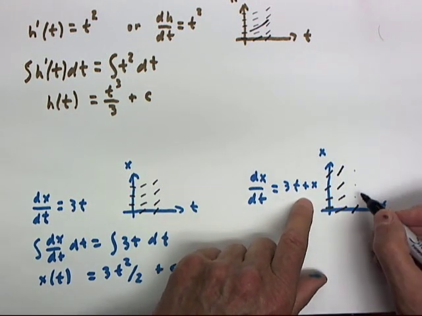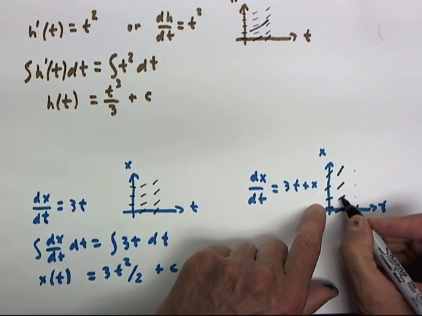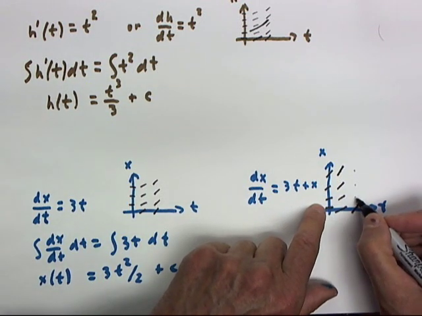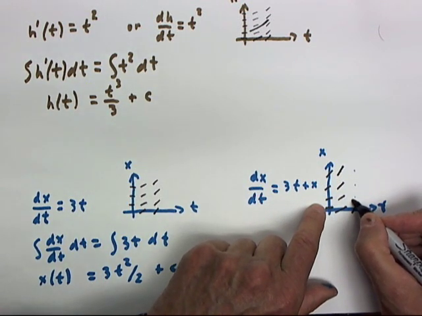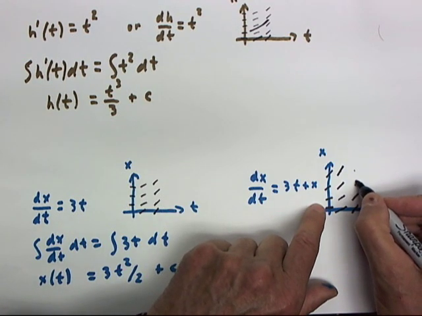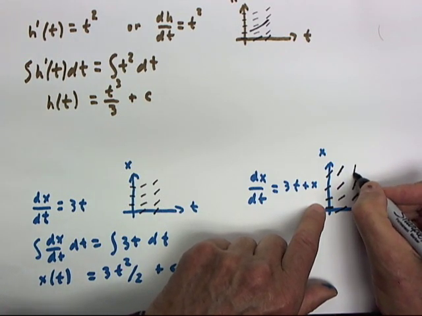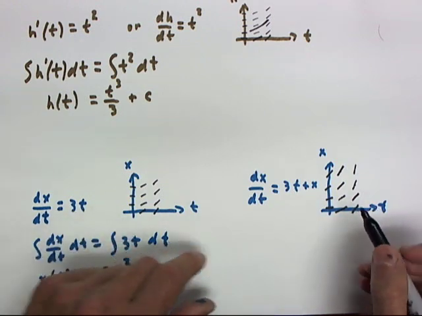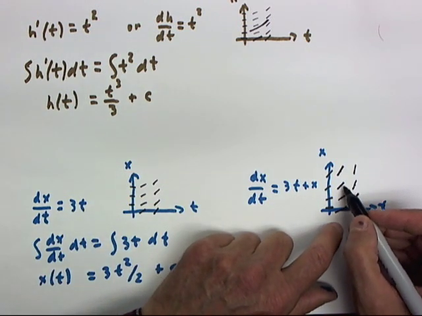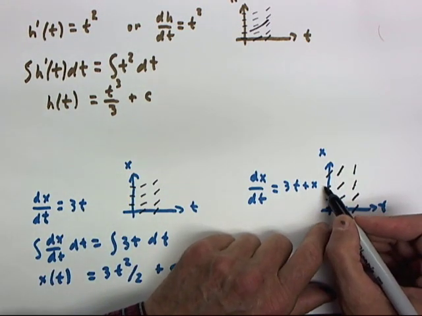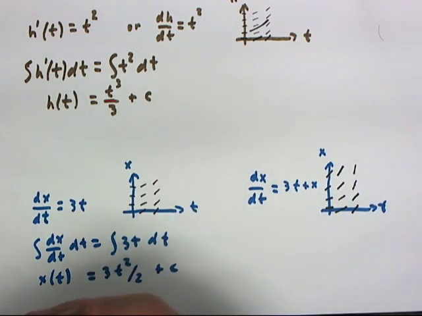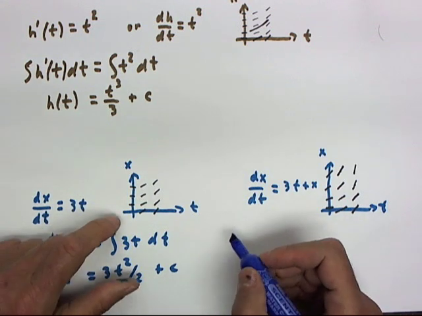That means our slopes are going to increase, so that as we move from here to here, the slope increases as it should. And as we move to the next point, the slope will increase even further. And our direction field might look something like this, where the slopes are increasing as we go up and increasing as we go across. Now, if we try to integrate both sides of this equation, we run into trouble.